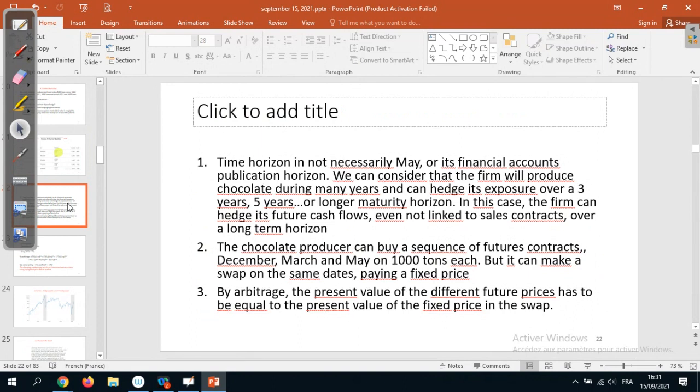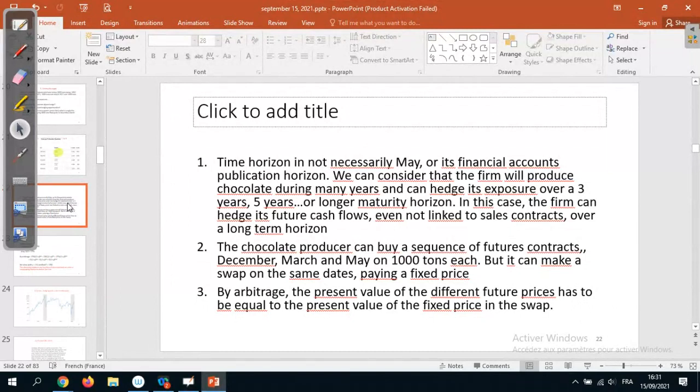We can consider that the firm will produce chocolate during many years and can hedge its exposure over 3 years, 5 years, or longer maturity horizon. In this case, the firm can hedge its future cash flows, even not linked to a sales contract, over a long-term horizon. Even if you don't have any sale contract yet, in 8 years, you can say, I will produce cacao in 8 years, so I would like to hedge immediately over this time horizon.